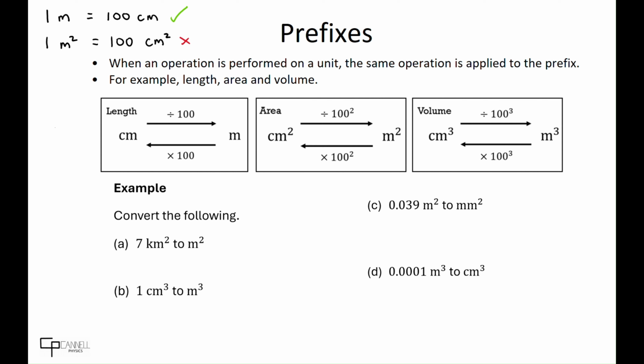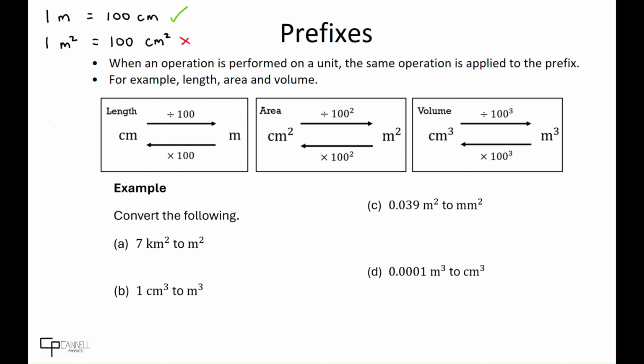Looking at the example of comparing length, area, and volume, these three boxes here, the easy one to understand is that centimeters to meters divide 100, because those are the prefixes we were looking at. This divide 100 is the same as saying multiply 10 to the power of negative 2, just like with the prefix table and the examples we did previously.